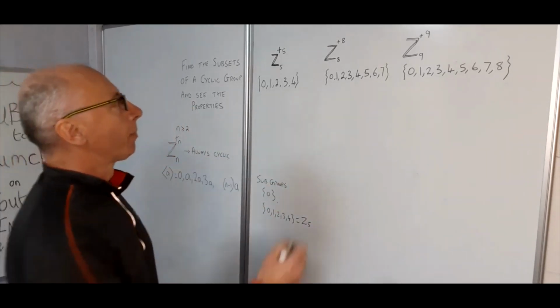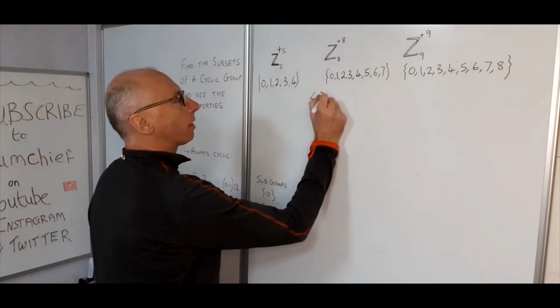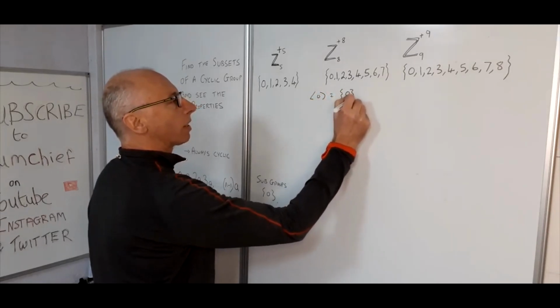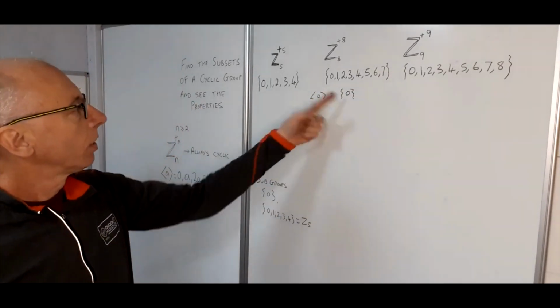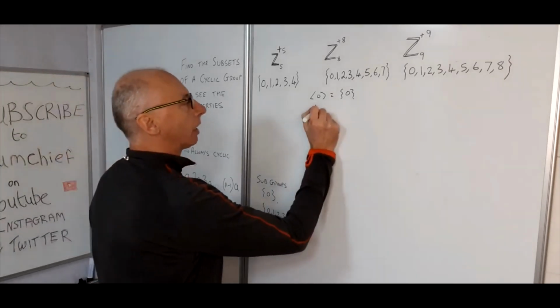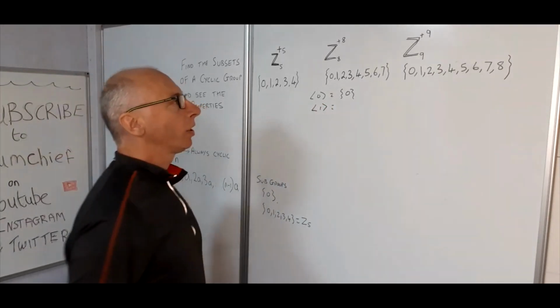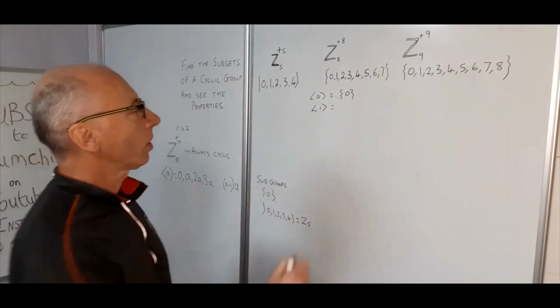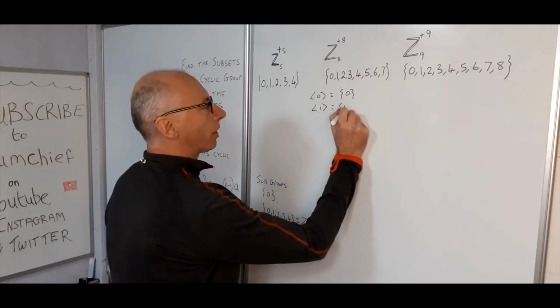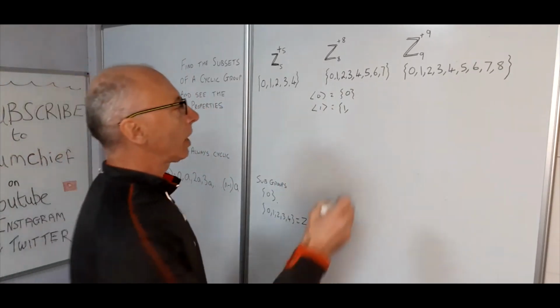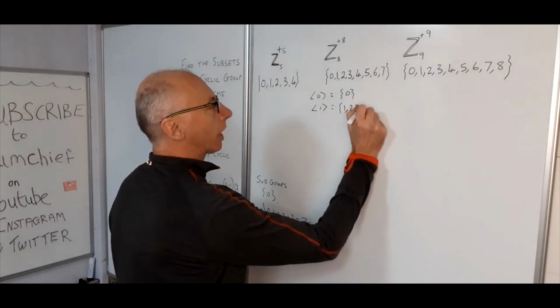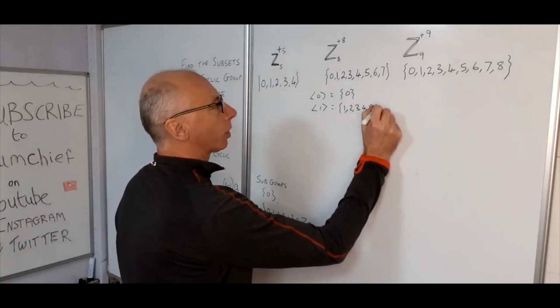Now let's try this one. So again, 0, keep adding 0. It's the trivial group, just gives us 0. And then keep adding 1, modulus 8, starting from 1. We know that this is going to take us through the whole set. So that's going to yield all of the elements in the original group.